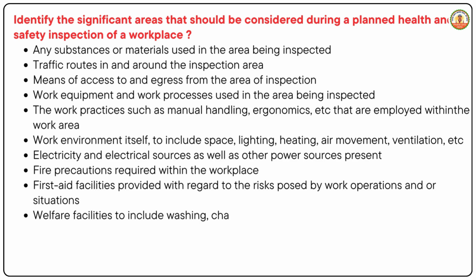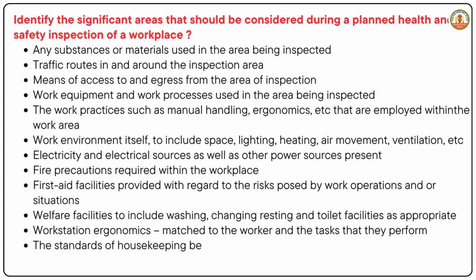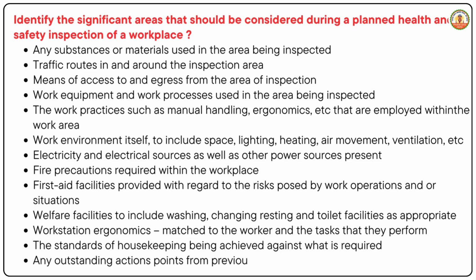Welfare facilities to include washing, changing, resting and toilet facilities as appropriate. Workstation ergonomics matched to the worker and the tasks that they perform. The standards of housekeeping being achieved against what is required. Any outstanding action points from previous inspections.